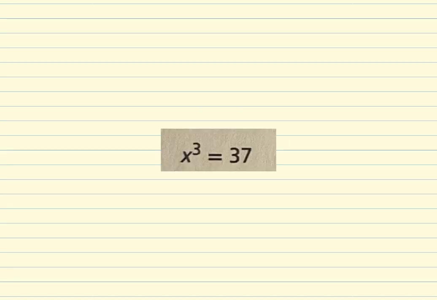Now, instead of squaring something, I can cube something, which is just going to be me taking that same number and multiplying it 3 times. Here is the problem. So to solve this equation, I would do the cube root of 37.